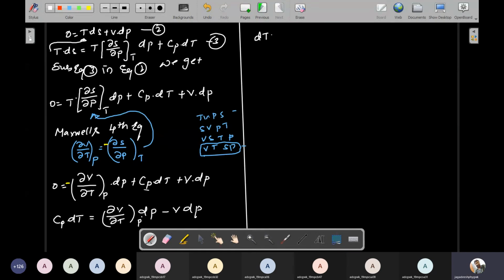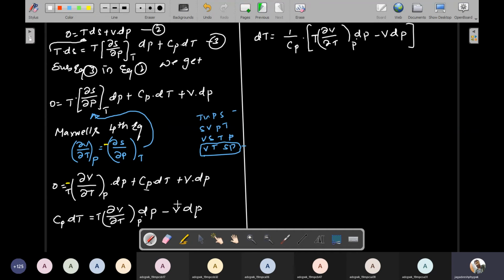Now dt is equal to 1 by Cp into dou V by dou T at constant pressure into dP minus V dP. So this is your changing temperature equation. One term I will miss, so this is T. Write here T, because T is there, multiply. So this is the final expression.